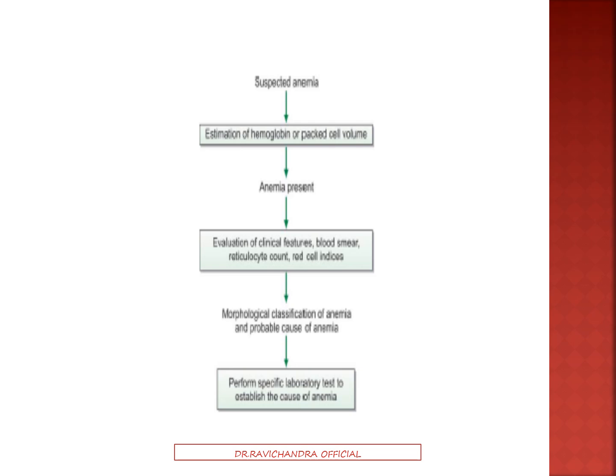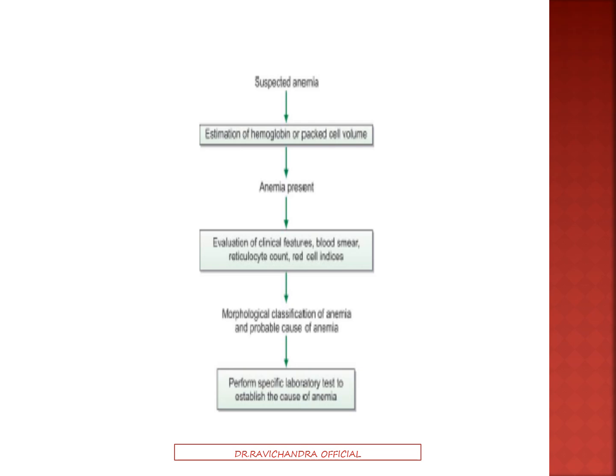In a case of suspected anemia, first you have to estimate the hemoglobin or packed cell volume. If the hemoglobin is less than the normal according to age and sex, then you can consider it as anemia.